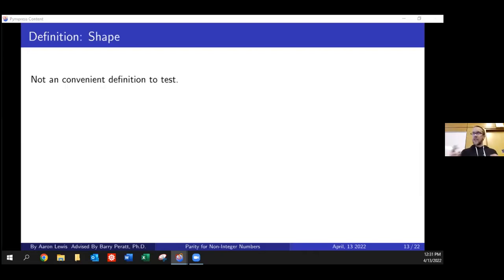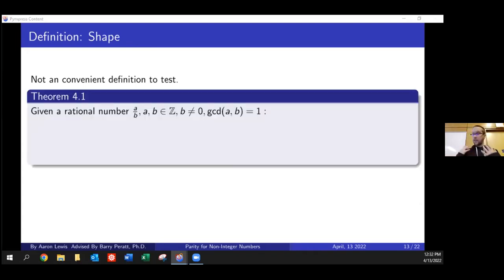So looking at this definition, you can see that it might not be a convenient definition to test, just because you would need to generate the set and then see whether these numbers are in it. But thankfully, there is another theorem such that given a rational number, A over B is going to be within Q1 if and only if A is even and B is odd.